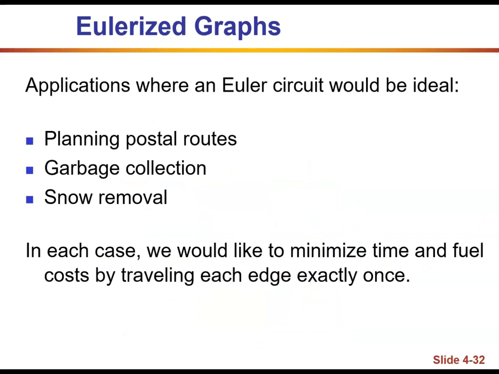All right, so what is this useful for? Again, think about what we read in the very beginning. UPS, postal routes, garbage collection, snow removal. Again, you're trying to minimize time, fuel, costs, trying to be most efficient so you don't have repeats. It gets a little bit different with garbage and mail, because you want to go down the street twice, getting both sides of the street, versus something like snow removal, which wouldn't necessarily have to do that.